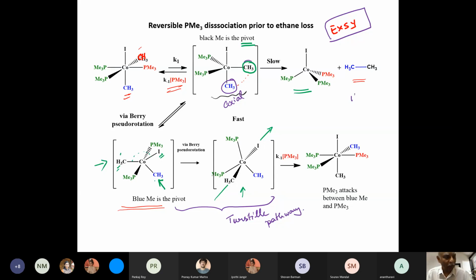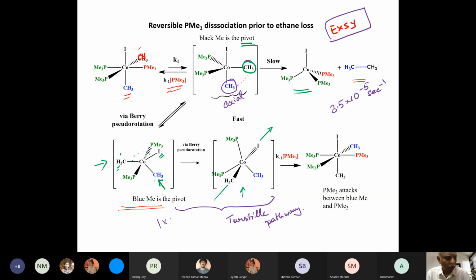Ethane elimination was occurring at 10 power minus 5 second minus 1, I think around 3.5 times 10 power minus 5 second minus 1, whereas the exchanges were happening at almost 10 orders of magnitude faster.